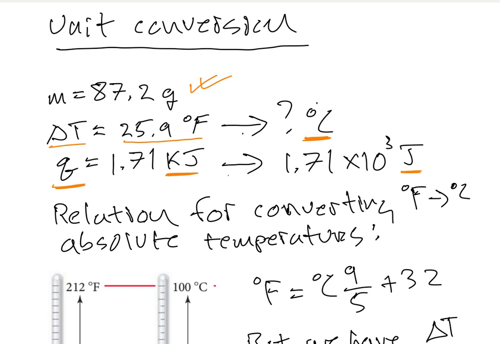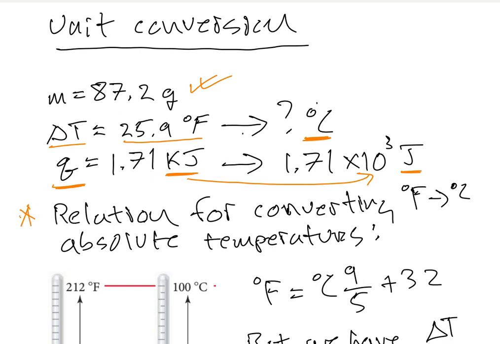Now, the second one is pretty straightforward. We don't really need to spend much time on that. Hopefully, you guys are nice and comfortable at this point doing a conversion from kilojoules to joules. We all know that 1 kilojoule is equal to 1,000 joules, so we can quickly capture that using scientific notation here. Now, the delta T gives us a little bit more trouble.